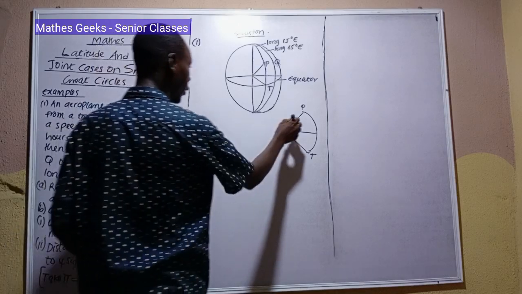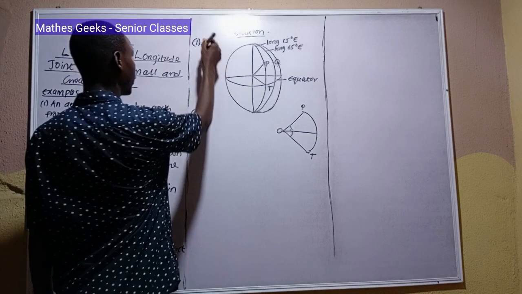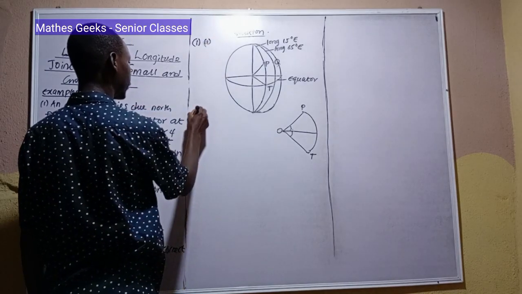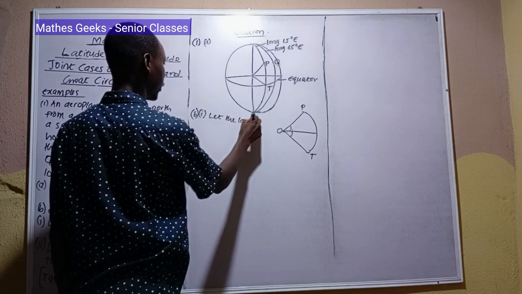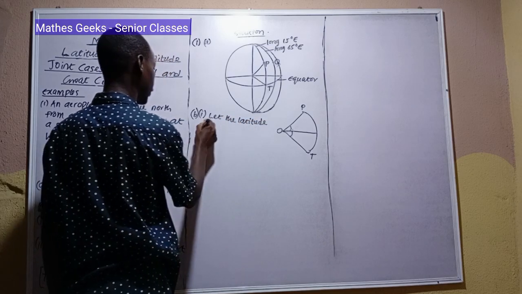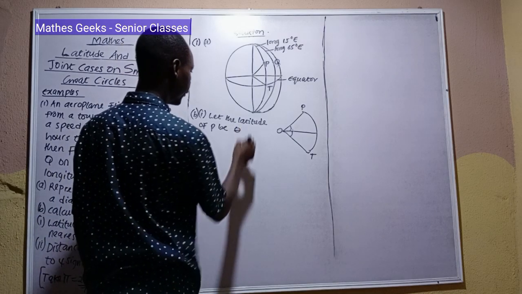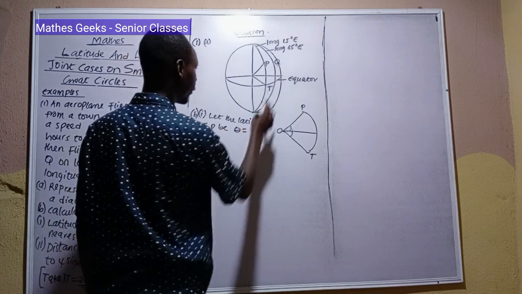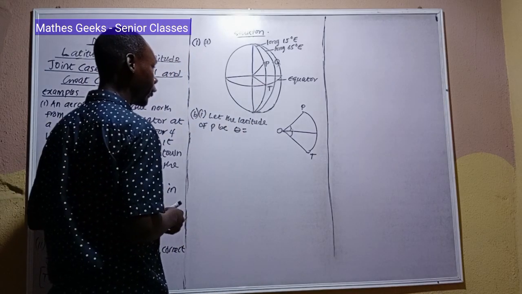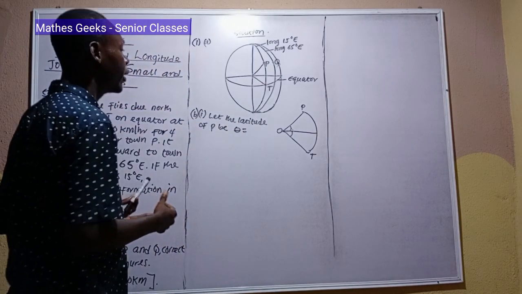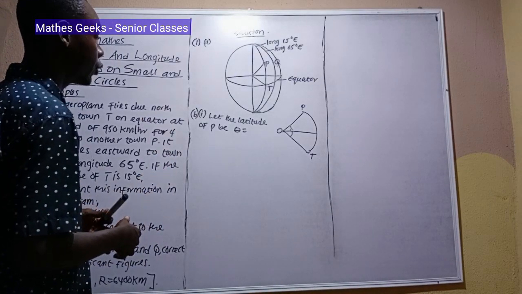So the latitude of P is what we are going to look for. For (b), let the latitude of P be theta. Remember that the equator is a reference line of latitude from which every other line of latitude is measured.